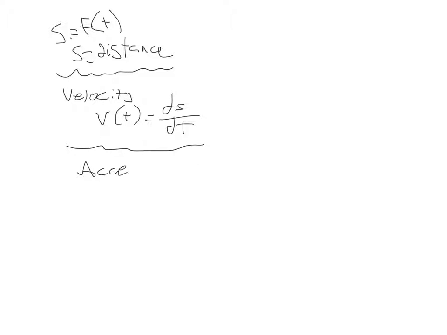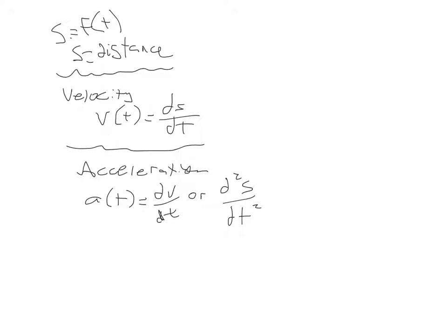Acceleration by definition is the derivative of the velocity function. And of course, if acceleration is the derivative of the velocity function, then acceleration is also the second derivative of my position.